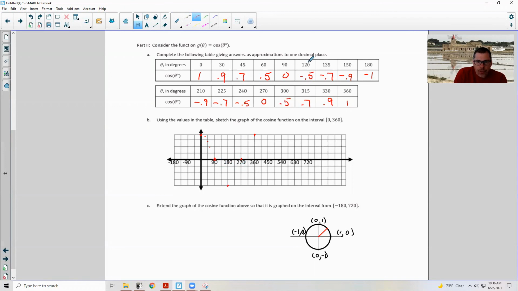So where are we? We're right here, 120 degrees. That is 45 degrees past 90, which is here, 120. So this is going to be, where am I? 120, -1/2, which is right here.